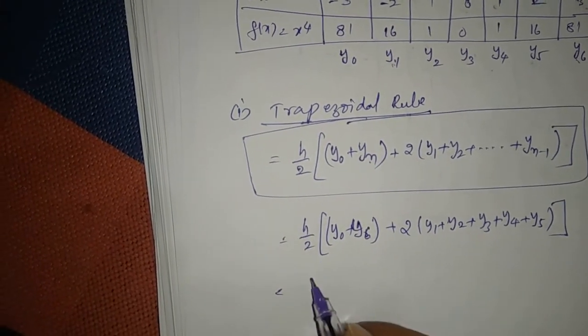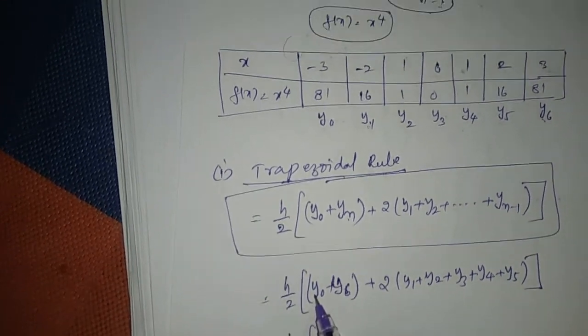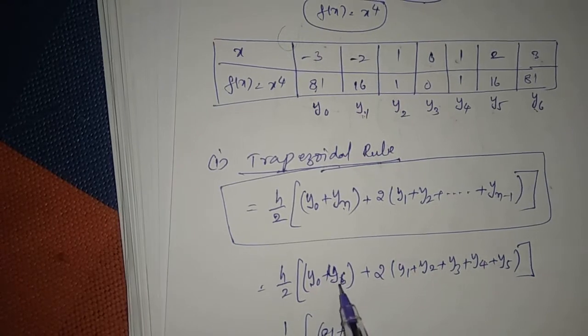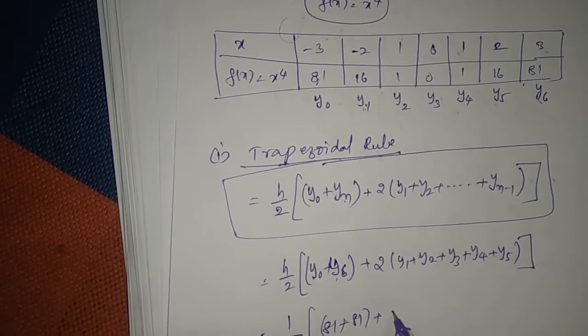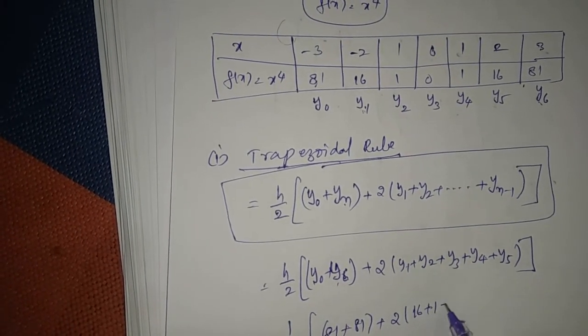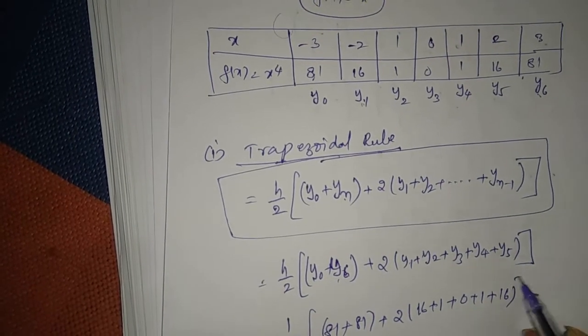We know that h value is 1, so 1 by 2 whole into y naught value 81 plus y6, this is also 81, plus 2 into the remaining all, this is 16 plus 1 plus 0 plus 1 plus 16.